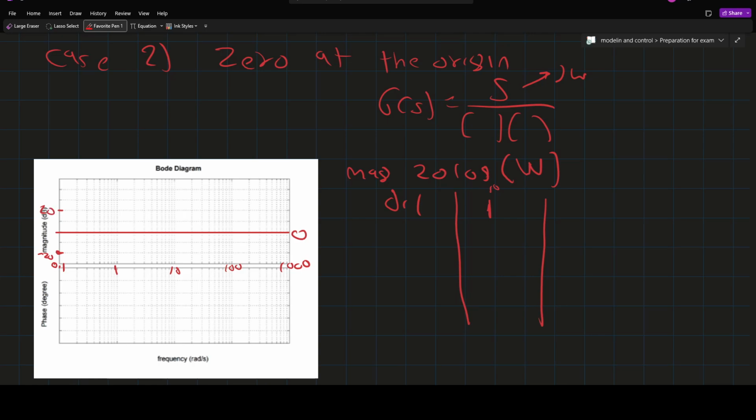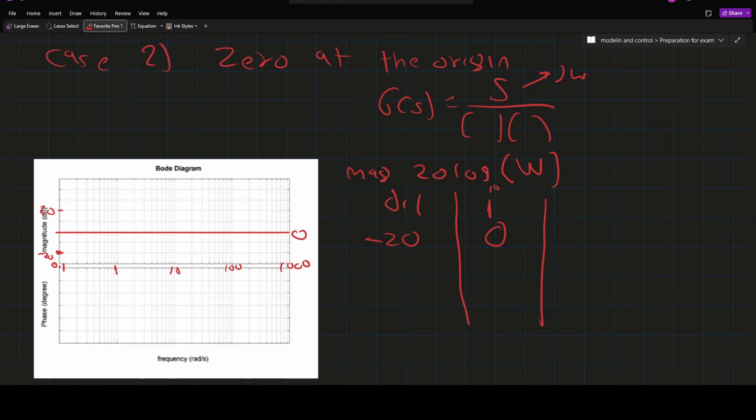So at 0.1 it is going to be minus 20, and for 1 it is going to be 0.